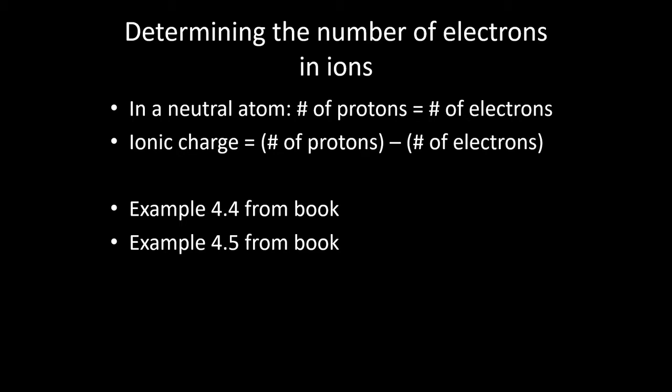says it wants us to determine the charge on each of these ions. So we have 3 different possibilities here. We have magnesium with 10 electrons. We have sulfur with 18. And we have iron with 23.